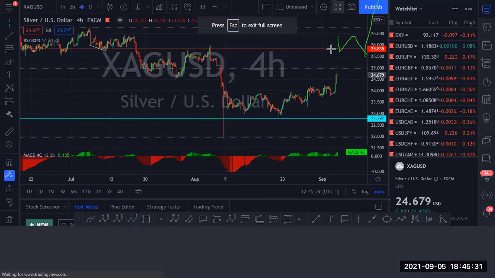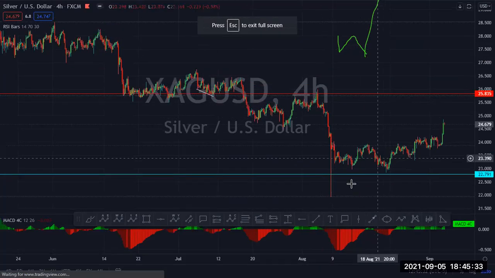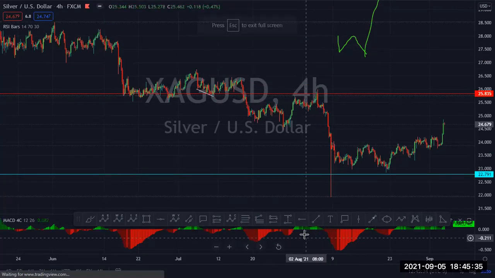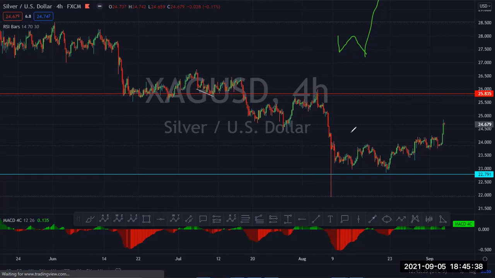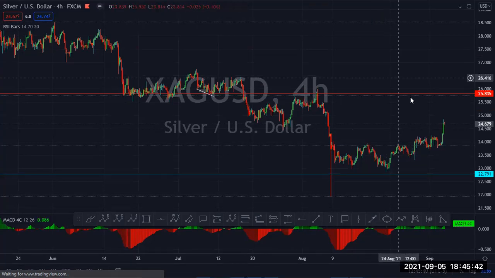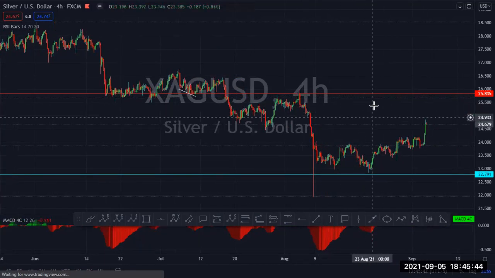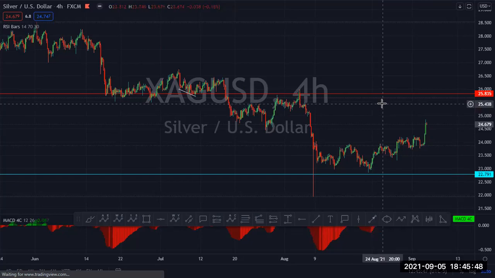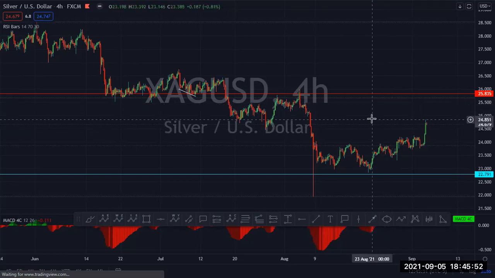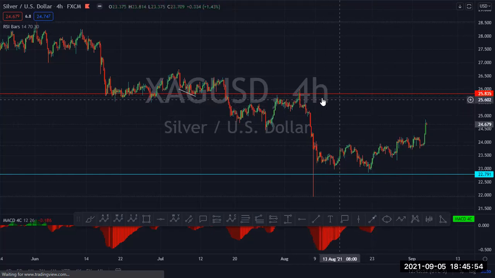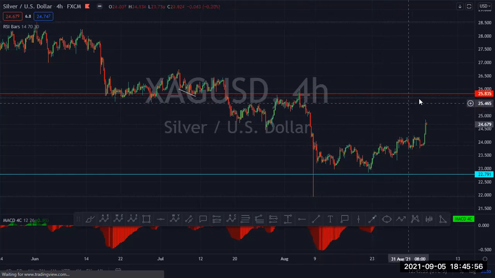Let me zoom the chart. This is where we are trying to reach this target.